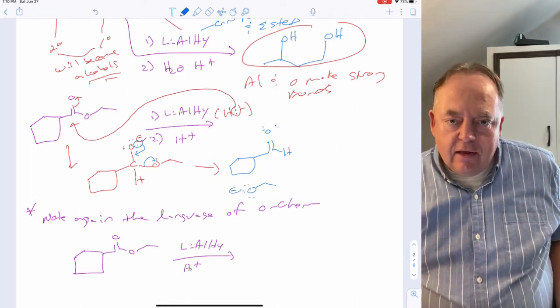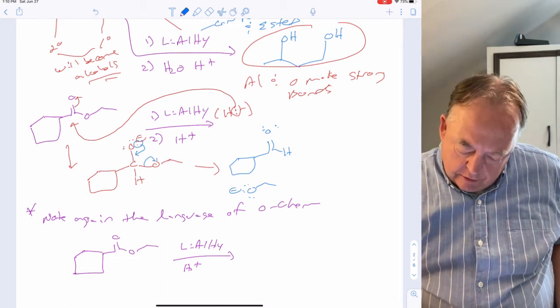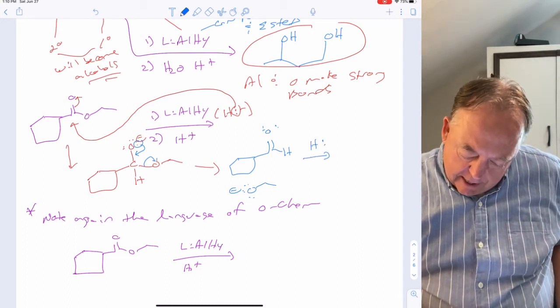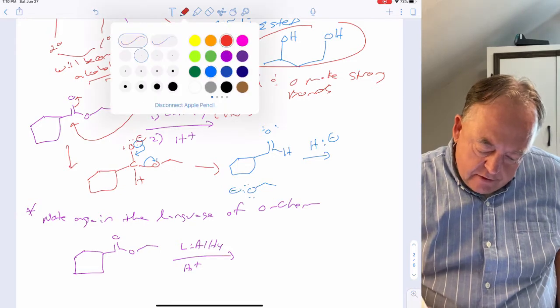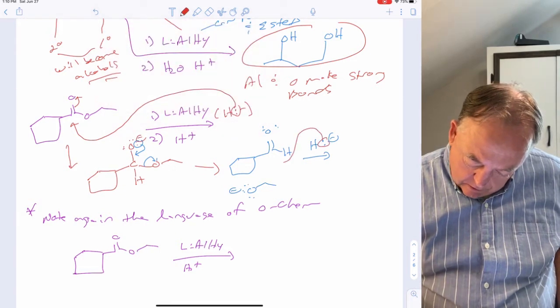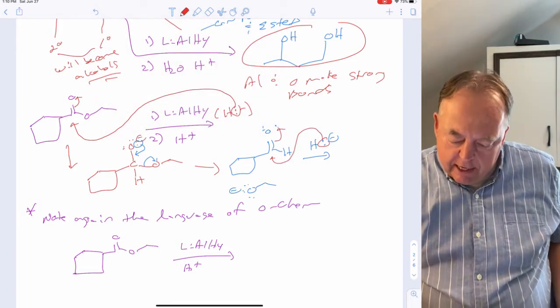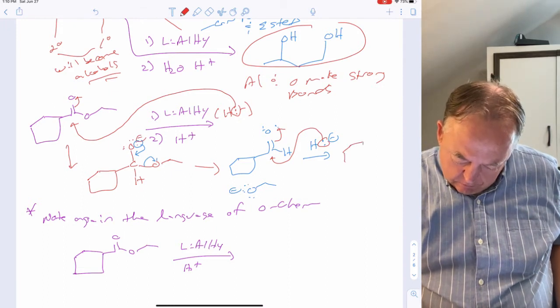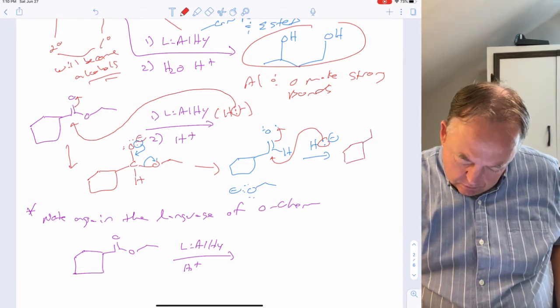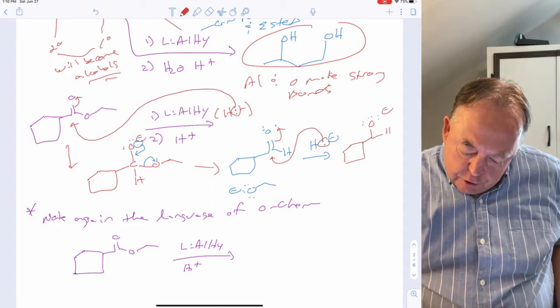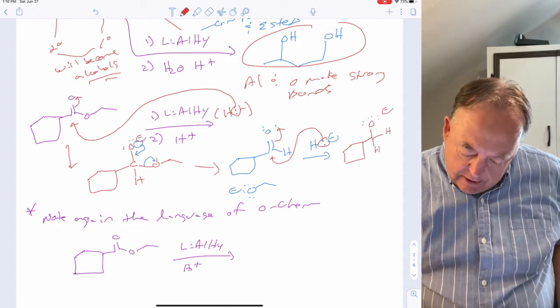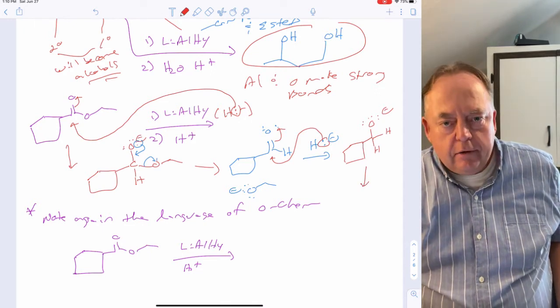Right, so now you have an aldehyde, and aldehydes react with lithium aluminum hydride. So as soon as you make that, it's going to react with another equivalent. So break the C double bond O again. And now you've added two hydrogens to that carbon, and now it doesn't have a leaving group, so now it's waiting for you to do the next step.